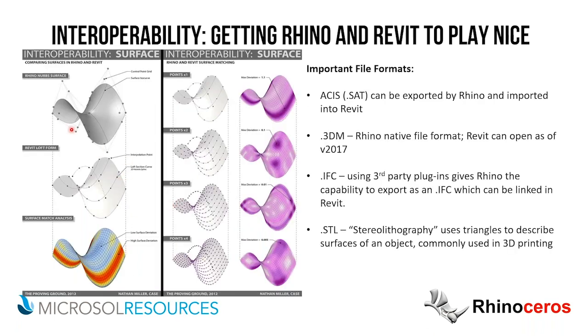So on the left, again, from the previous slide, the natural extension of that is to show the difference in how it interprets the different surfaces, right? So you'll see a Rhino NURBS surface up here, and then right below it is the Revit loft form.